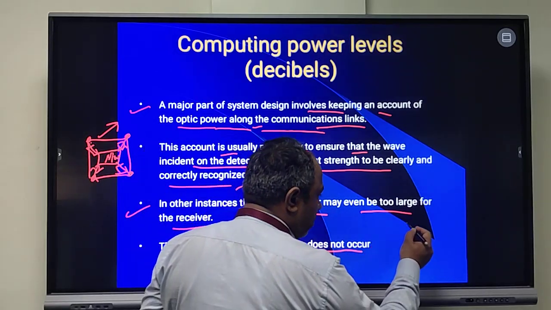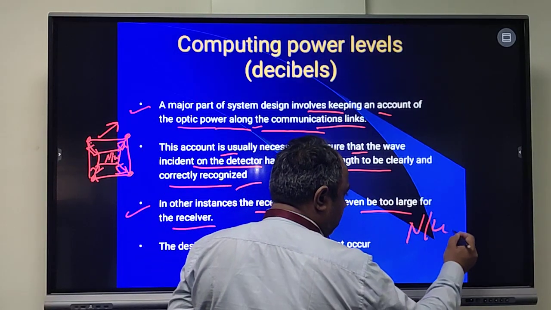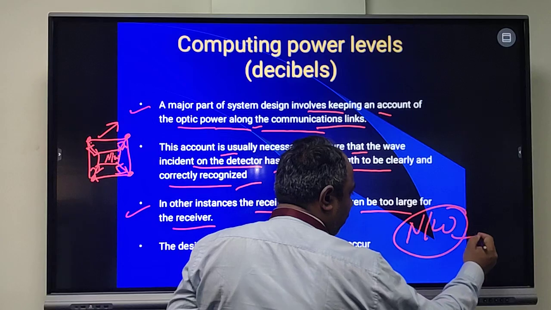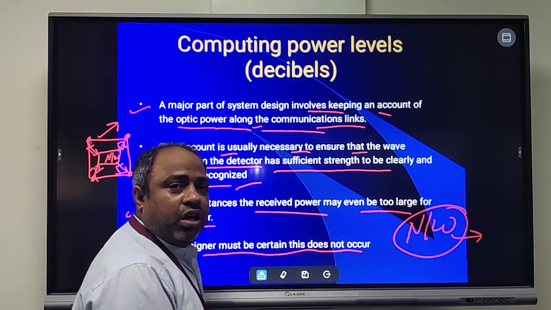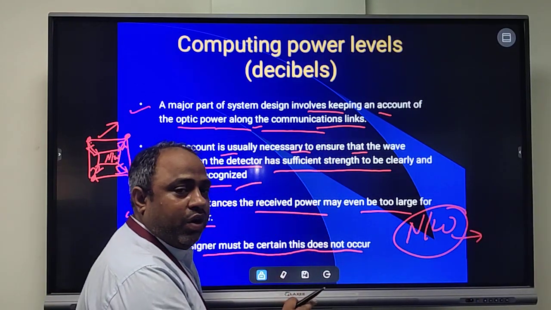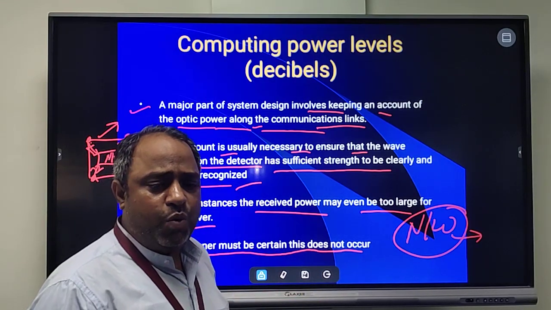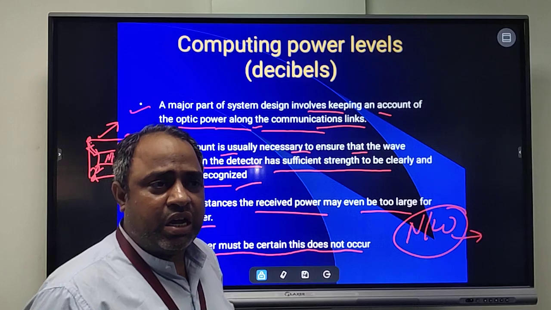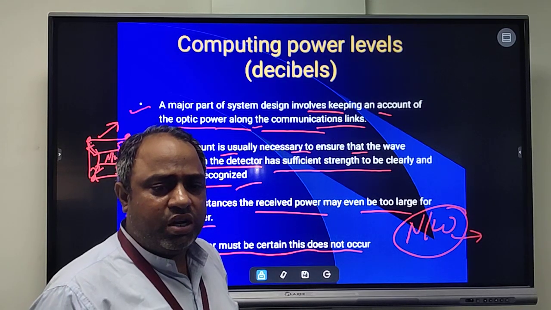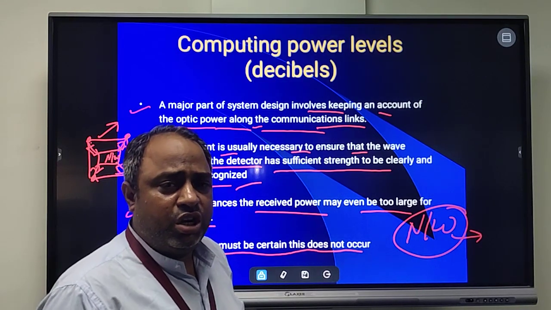So whenever you design a network, it is one of the major parts of optical communication. Whenever the network is designed, you know how many nodes, how many users, how much data, how large the signal is, and how large the capacity of the signal is to be used during the transmission.